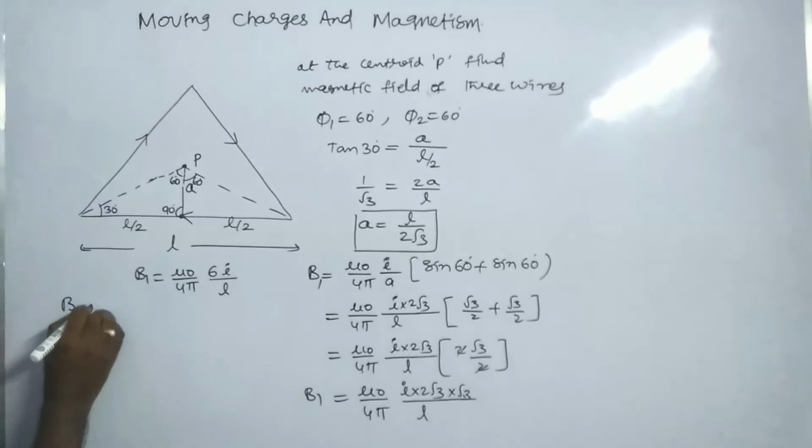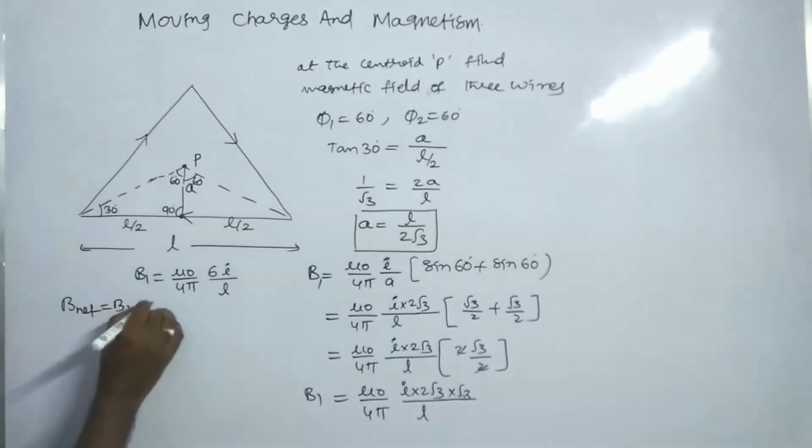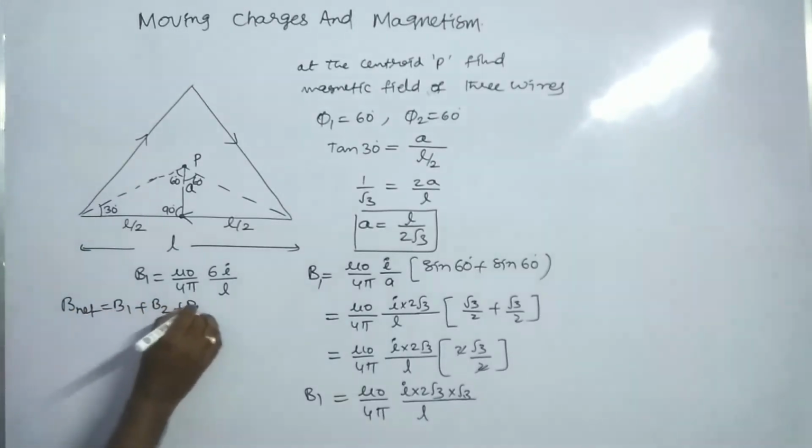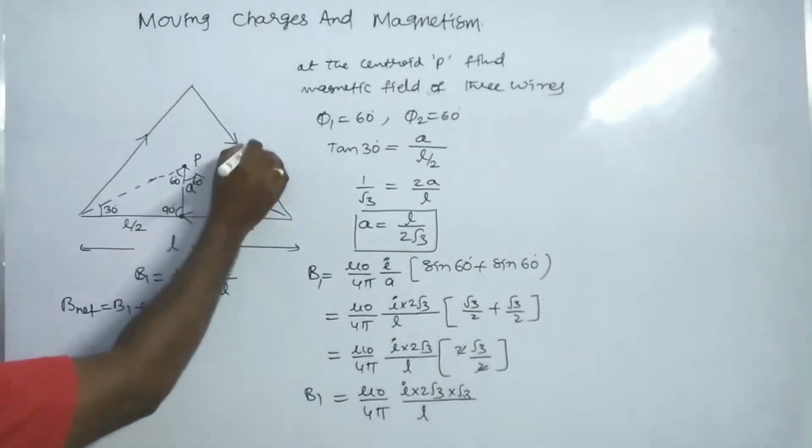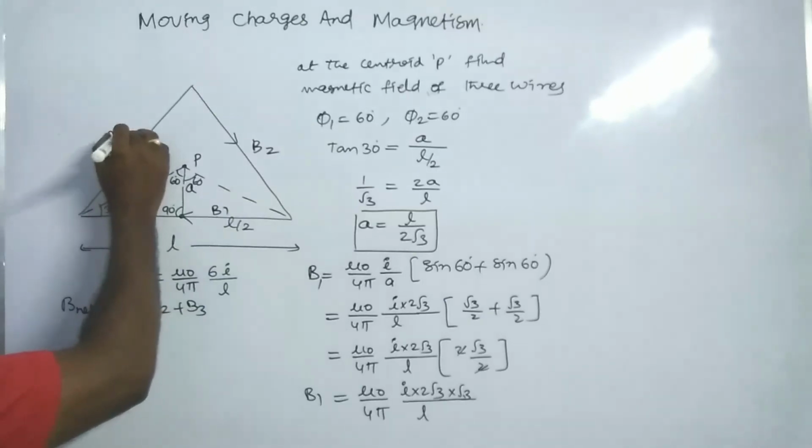So B net is equal to B1 plus B2 plus B3, because in the equilateral triangle there are 3 sides. This is B1, B2 and B3 here.